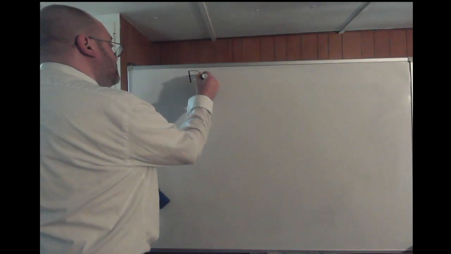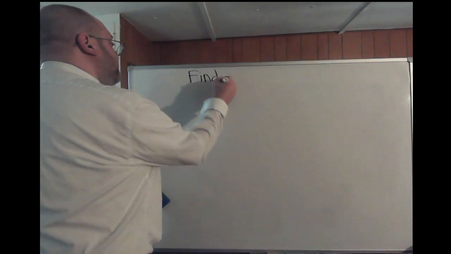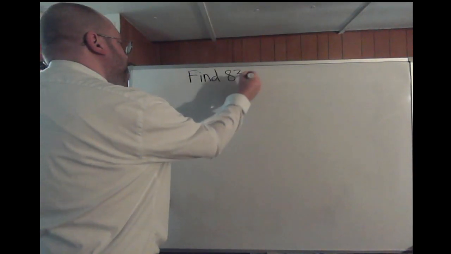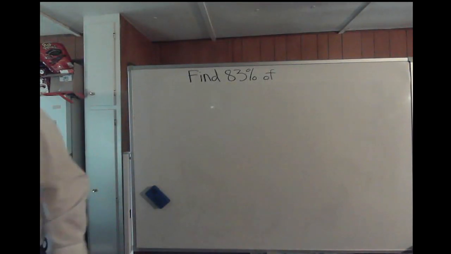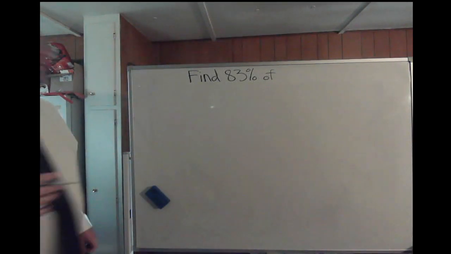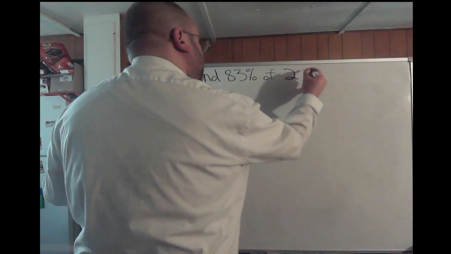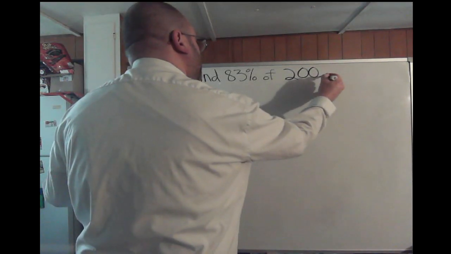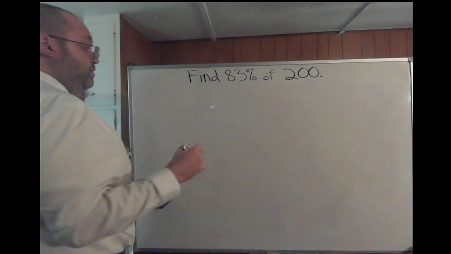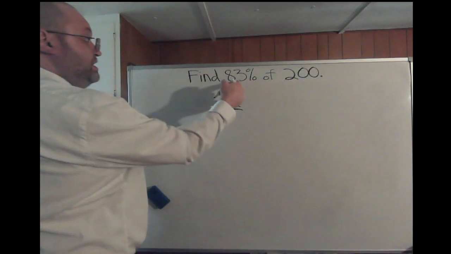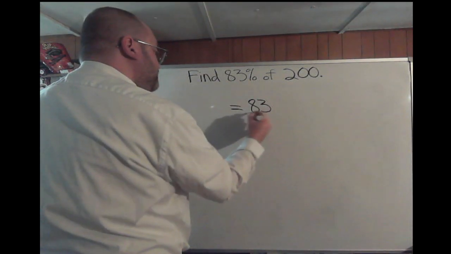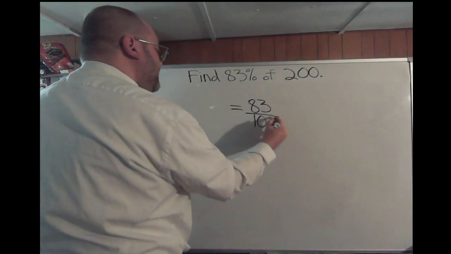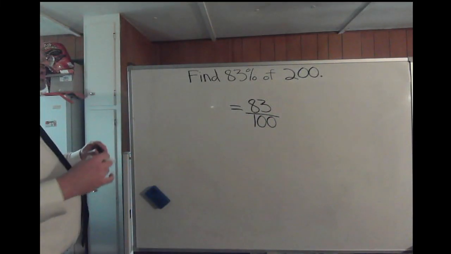So, find 83% of 200. Well, we know again the right-hand ratio, because they give you the percentage, 83%, that's going to be 83 out of 100.